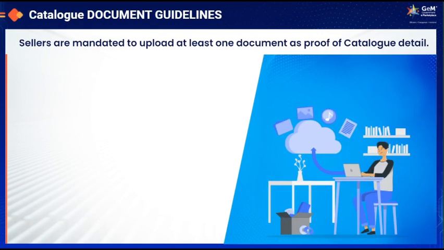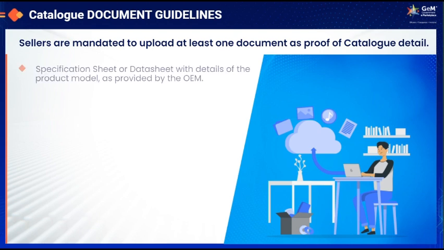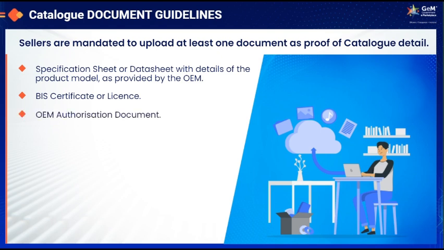Sellers are mandated to upload at least one document as proof of catalog detail. Specification sheet or data sheet with details of the product model as provided by the OEM. BIS certificate or license. OEM authorization document.